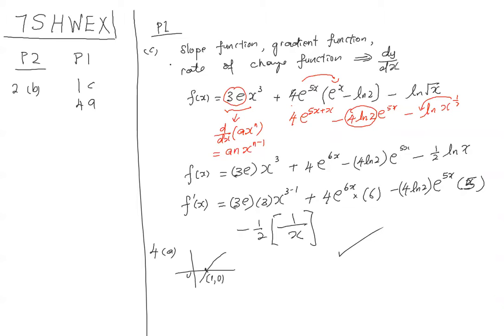Because they ask us to show, we just say y equal to ln, you put the x equal to 1, square root of 2 minus 1. So this is ln 1, which is equal to 0. So shown. Are you clear?